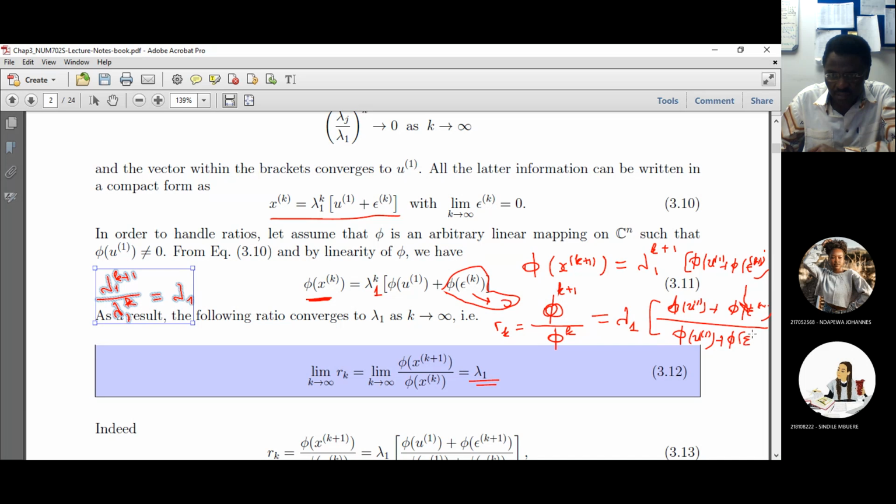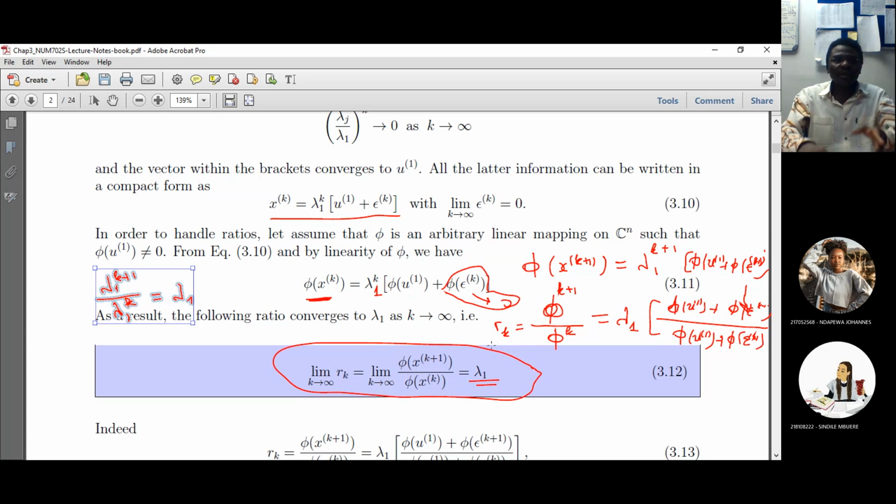Now this is epsilon to the k, but this is k plus 1. Now if I take the limit, this will go to 0, this will go to 0. So this factor will go to phi u1 to phi u1, which is 1. So it will converge to 1. And this entire factor, when I take the limit, will converge to lambda 1. And that's what we have here.